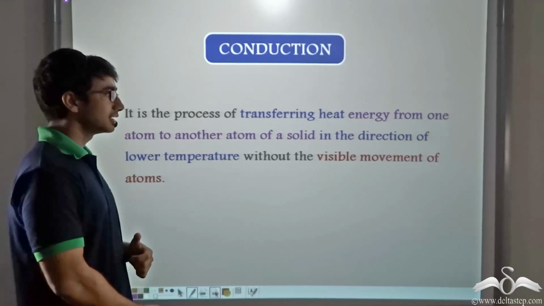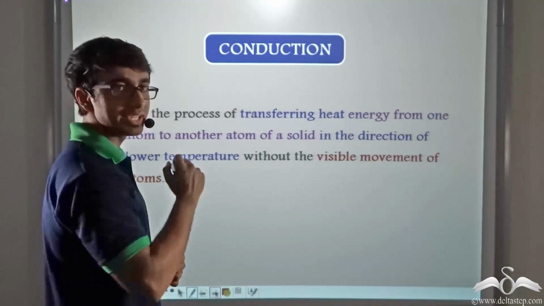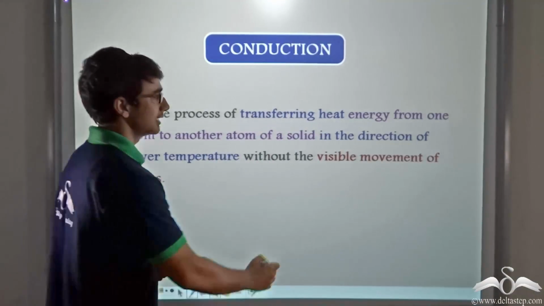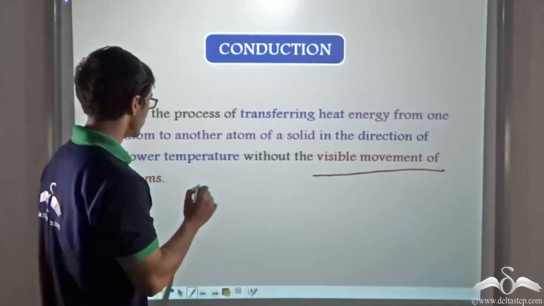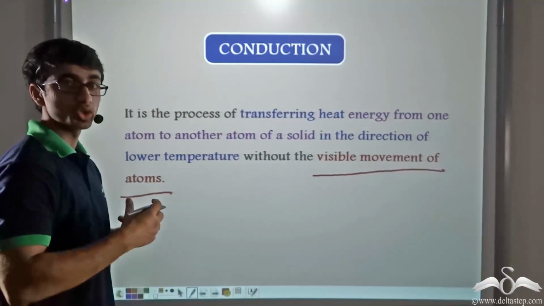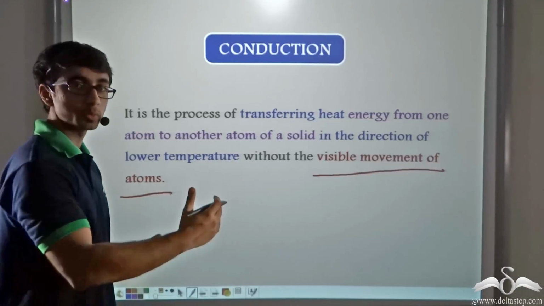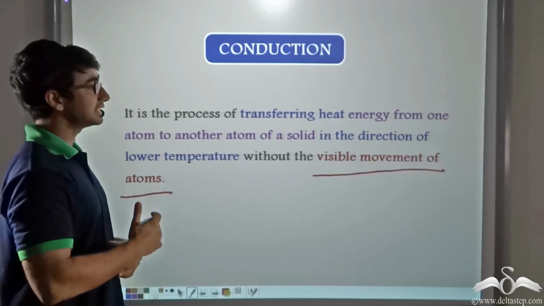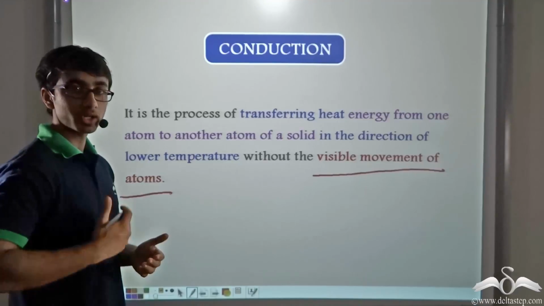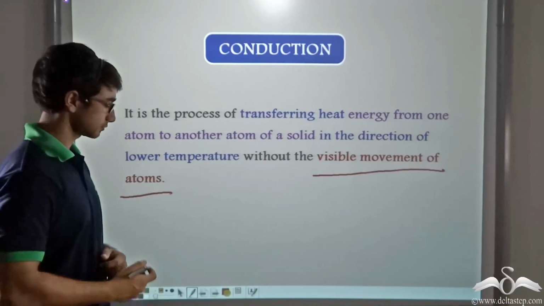And as I mentioned, there is no visible movement of the atoms. In other words, the atoms do not move from their position, that is the original position where they were at. It is only the vibration that moves forward, and thus the heat energy travels from the hot end to the cold end.